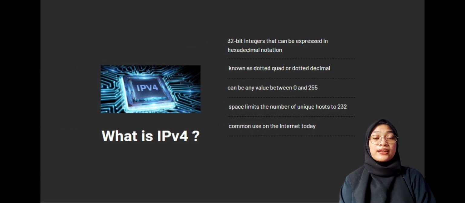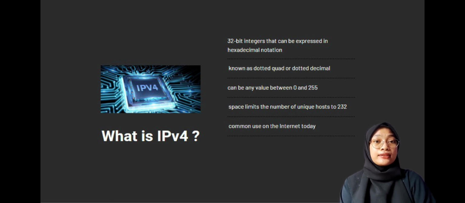Next, I will explain about IPv4. So what is IPv4? IPv4 is an IP version widely used to identify devices on a network using an addressing system. It was the first version of IP deployed for production in the ARPANET in 1983.